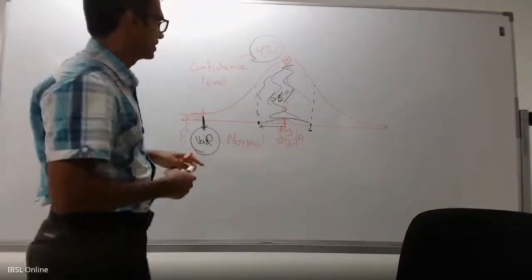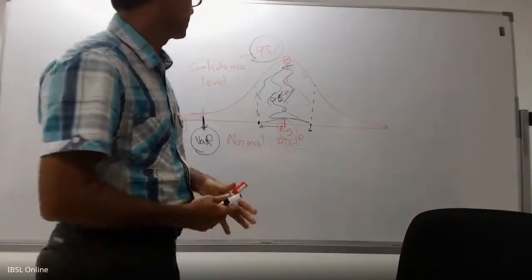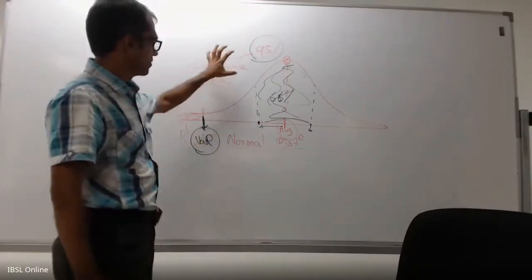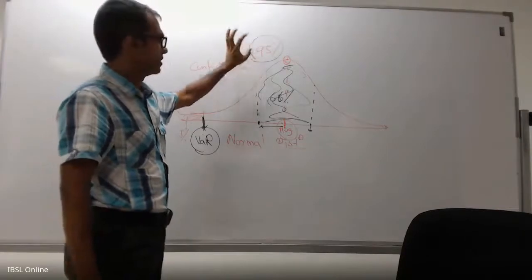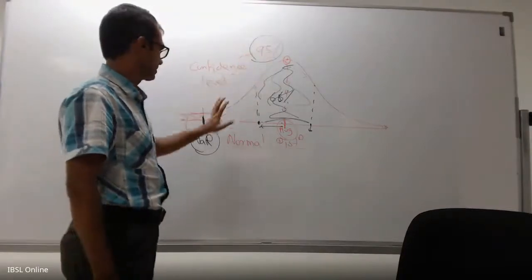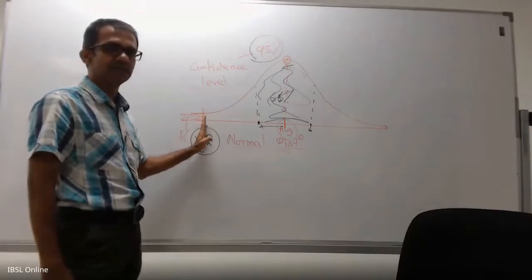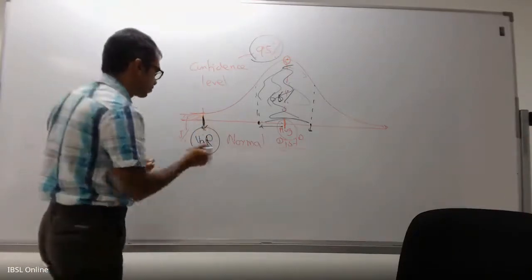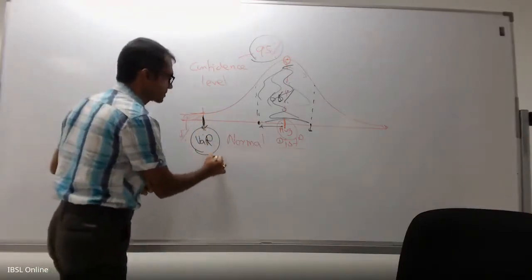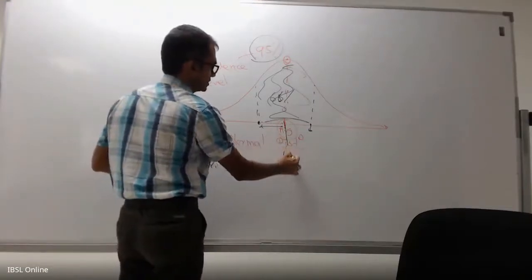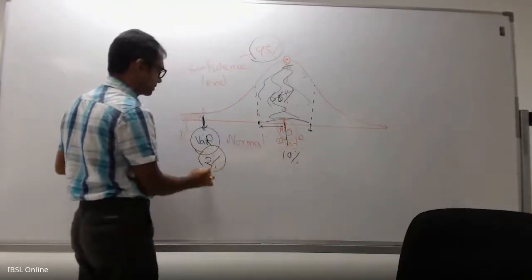Assume we calculate this risk on an annual basis. Then within a 1 year period, we have a 95% confidence level that our loss would not be more than this VAR figure. Assume this is 2%, the average was 10%, this is 2%.